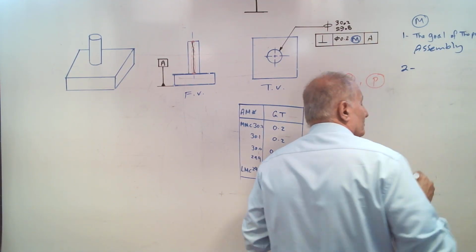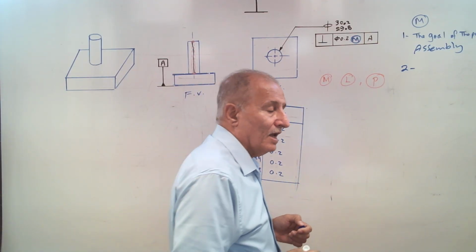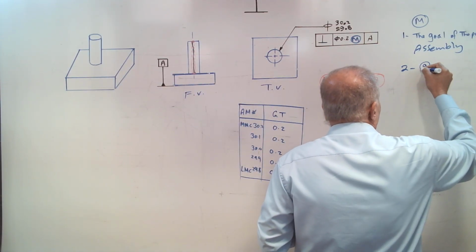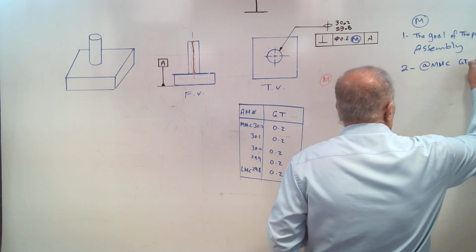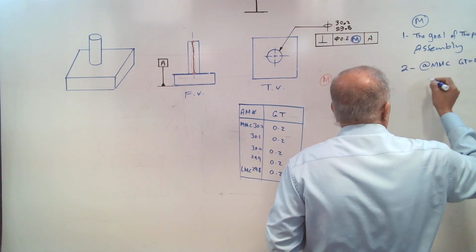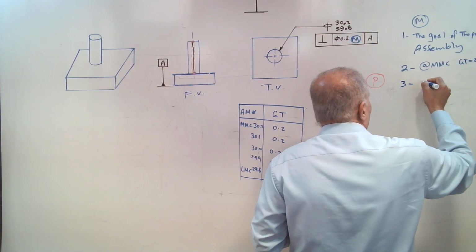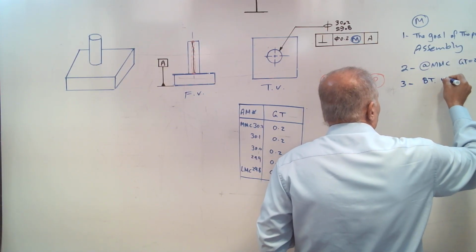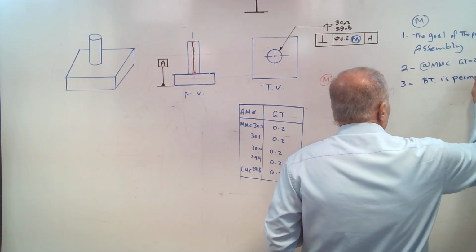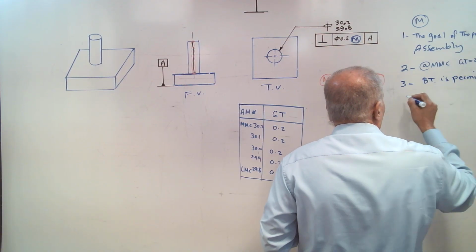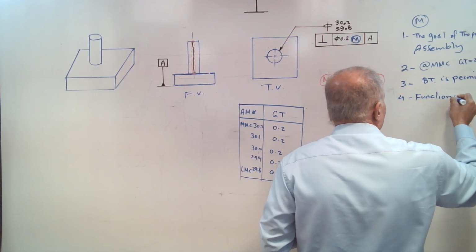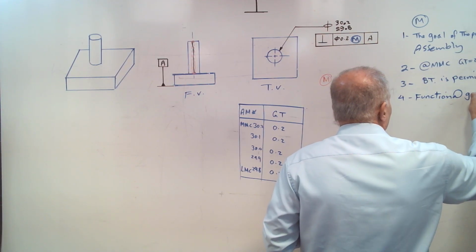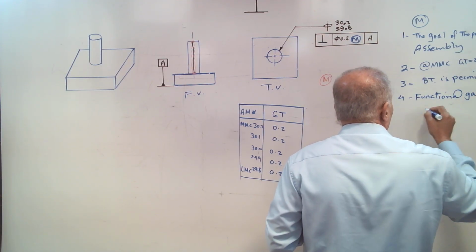Two, at MMC, the geometric tolerance is 0.2. Three, bonus tolerance is permitted. Four, a functional gauge may be used.